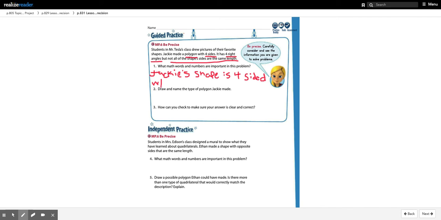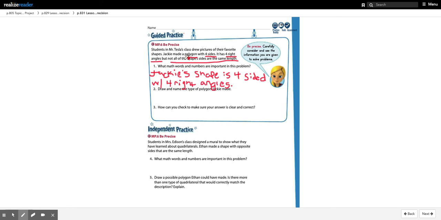I'm going to abbreviate the word with for right. Is that it, or is there anything else that's important for this problem?